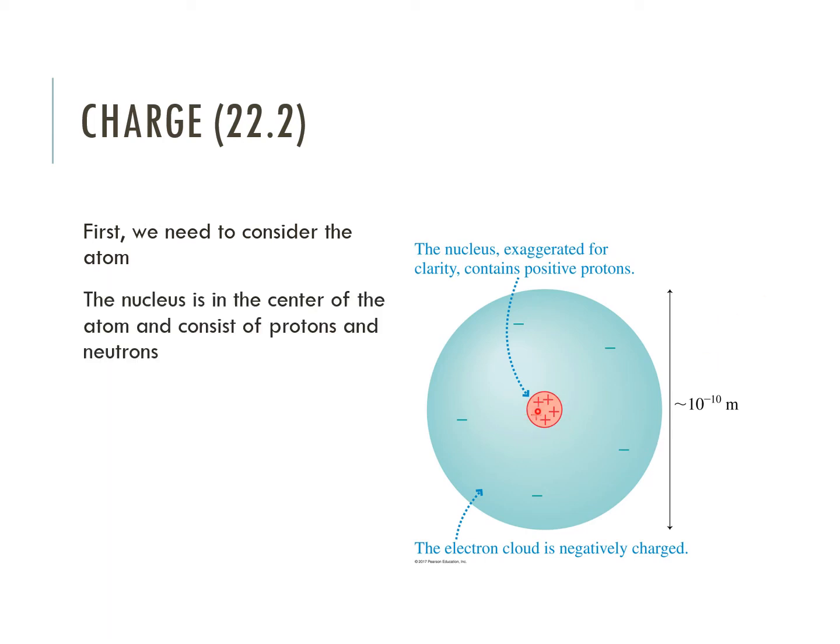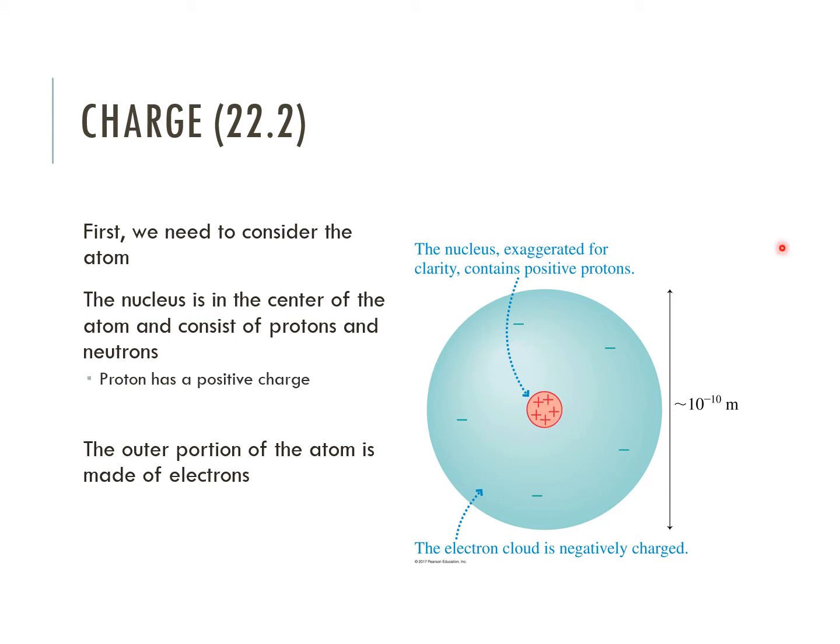So this core portion here is the nucleus. It's the center of our atom, and it consists of protons and neutrons. And then again, this outer portion of the atom is made of electrons and is referred to as the electron cloud. Now, on the inside, these positive symbols are representing the protons inside of our nucleus.